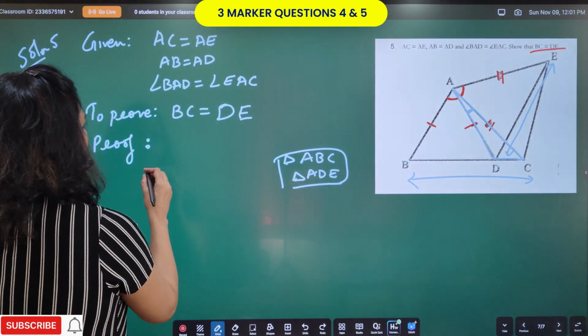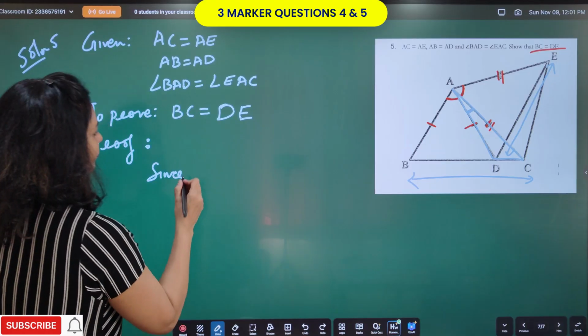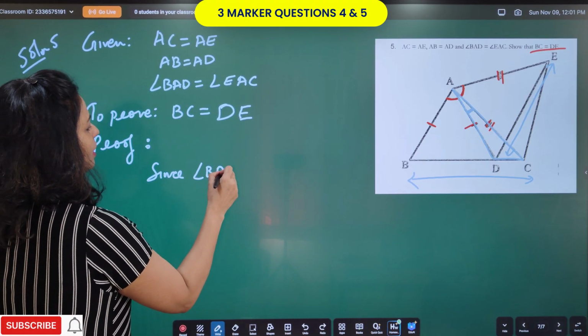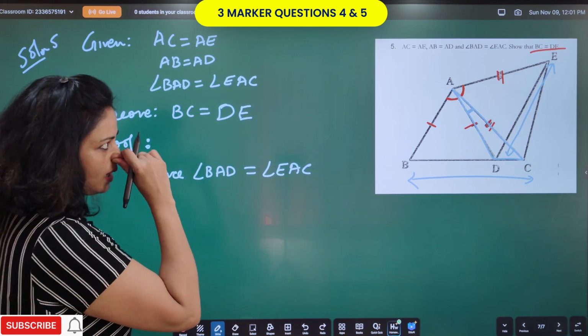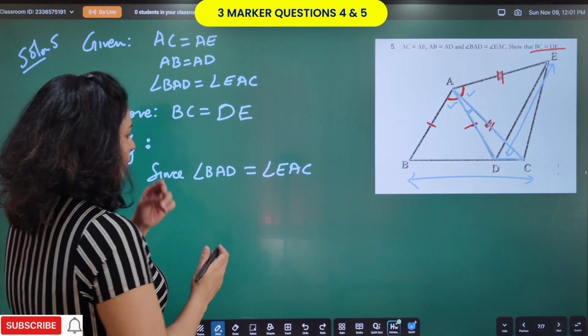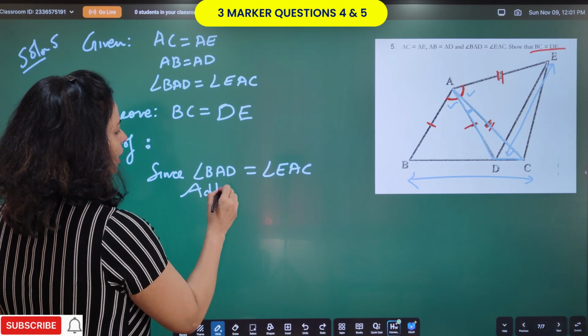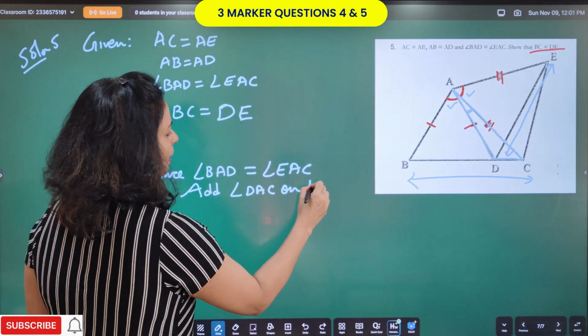So first what we do is, since they have given us angle BAD is equal to angle EAC, this part you can see here, BAD is equal to EAC they have given you. So we are adding the common angle, that is angle DAC, on both the sides.